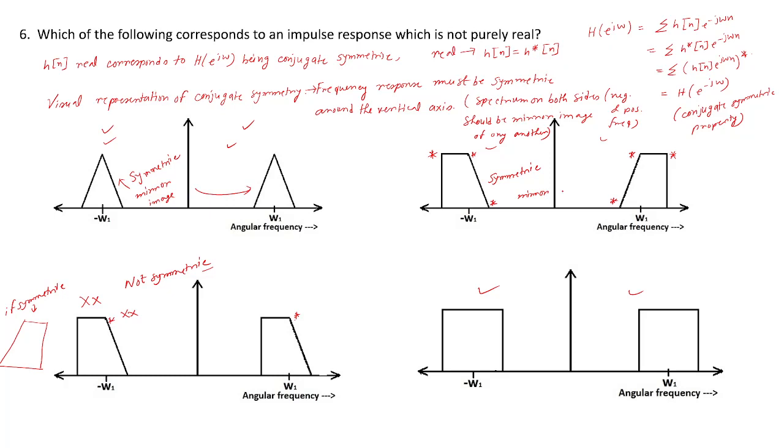You can write for this also, mirror image. This one is also a mirror image of one another, but this one is not a mirror image.